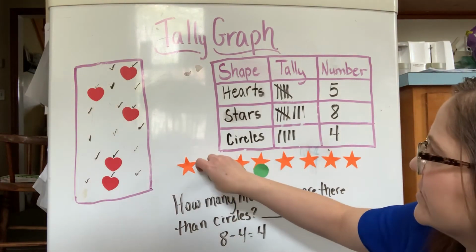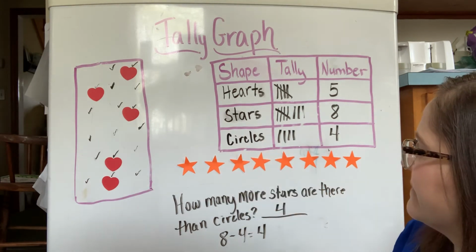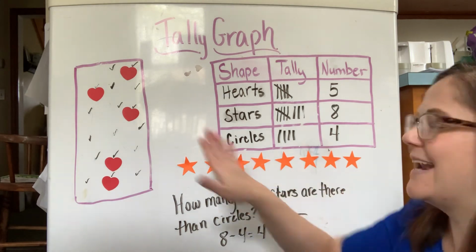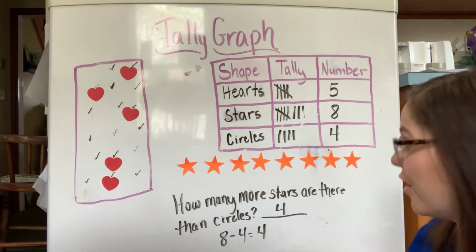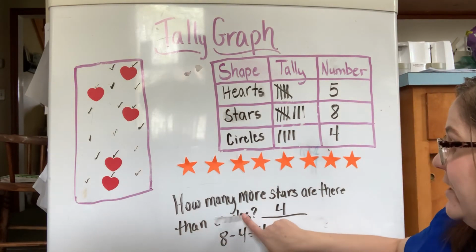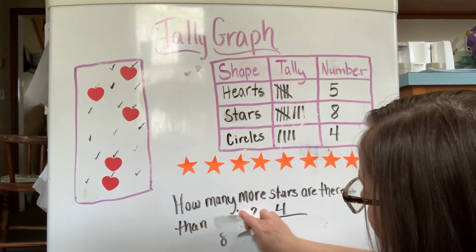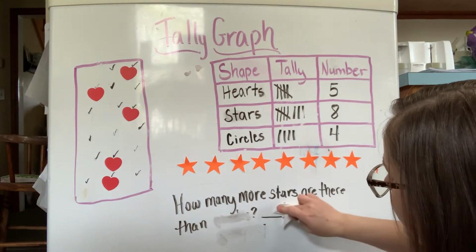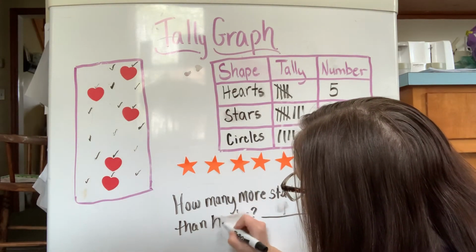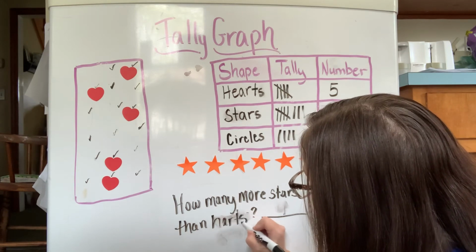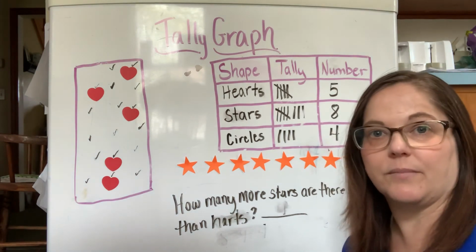I have 8 stars. And I have 5 hearts. How many more stars than hearts do I have? So we're going to change circles to hearts. We're going to try to solve this problem. So you could be making a prediction right now about what you think it might be.